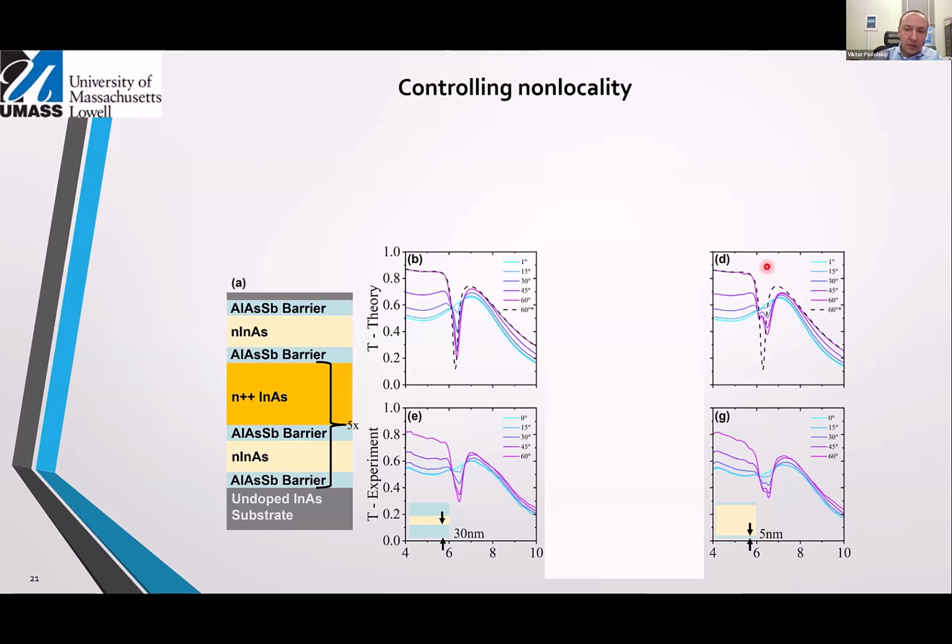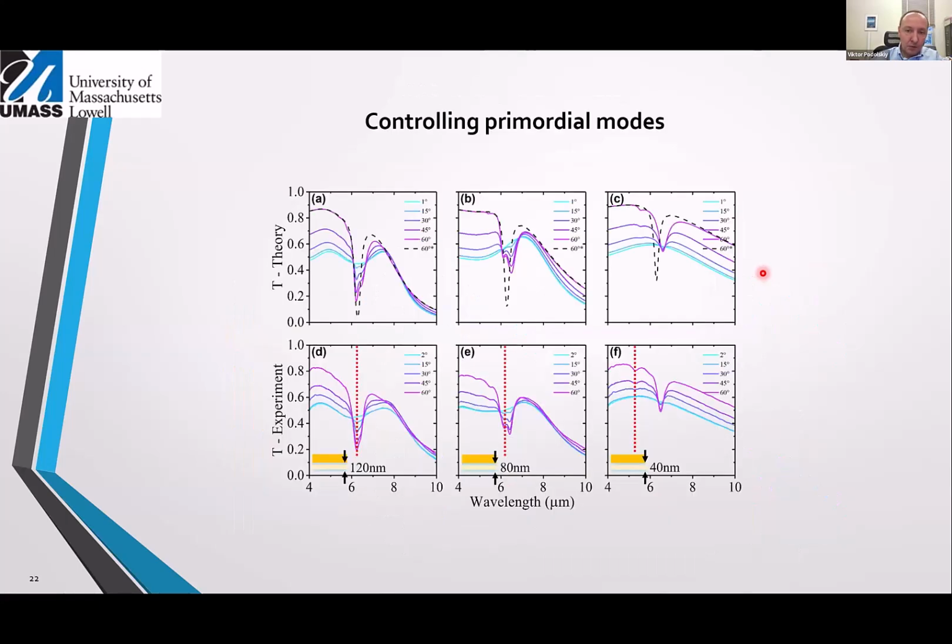But now there is more to this. So we basically reproduced one data point, but as I showed you, primordial response is not effective medium. So as we change the period of the structure, we should be able to control the dispersion of these modes, and we should be able to see that in the optical response.